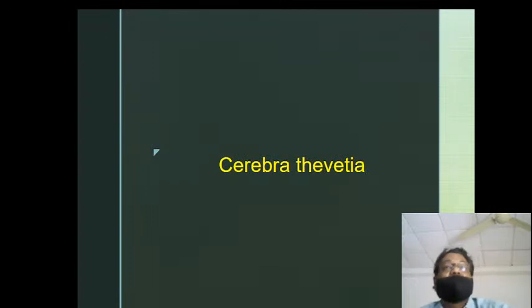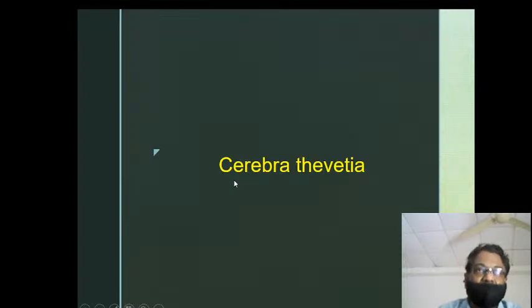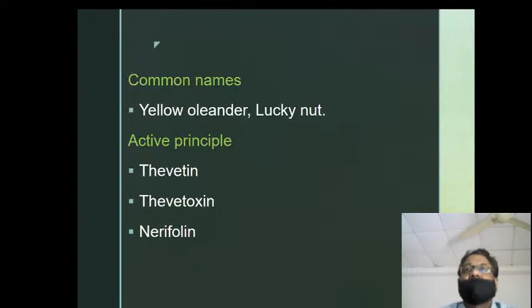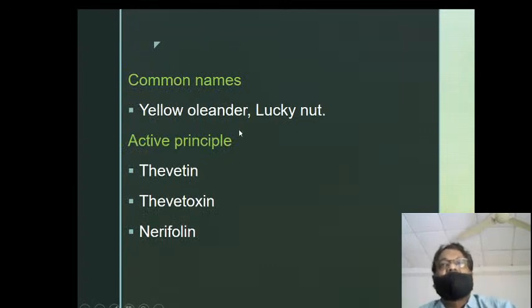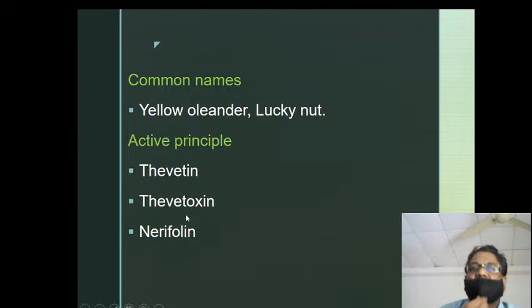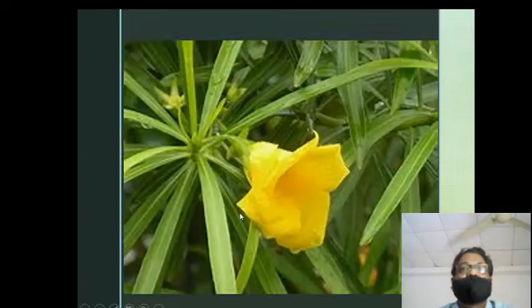Another cardiac poison is Cerbera thevetia. The common name is yellow oleander, and it is also called lucky nut. The active principles are thevetin, thevetoxin, and neriifolin, three alkaloids present in the plant.